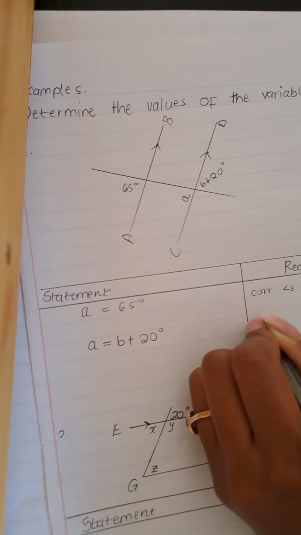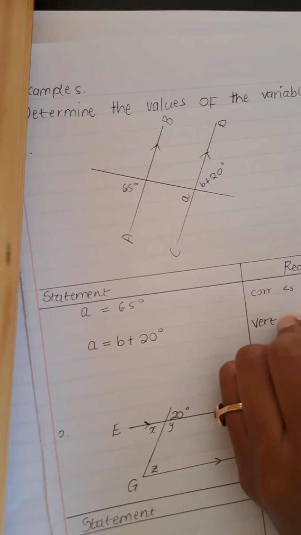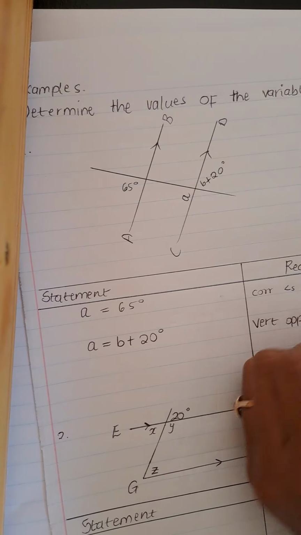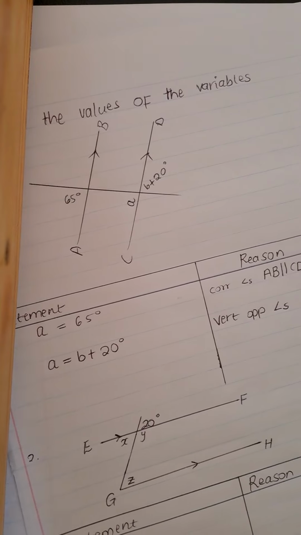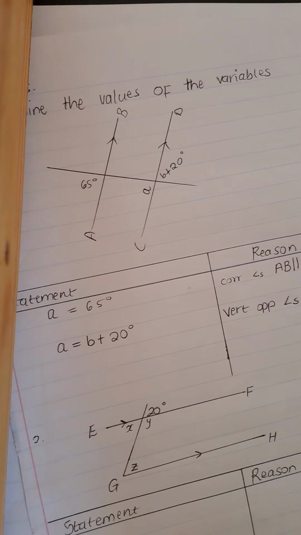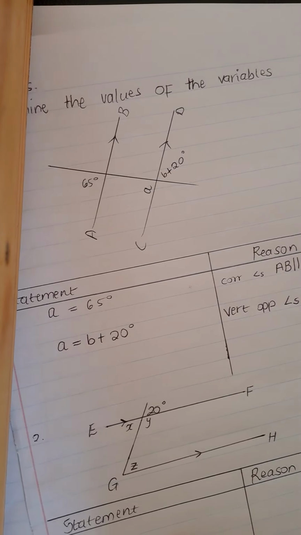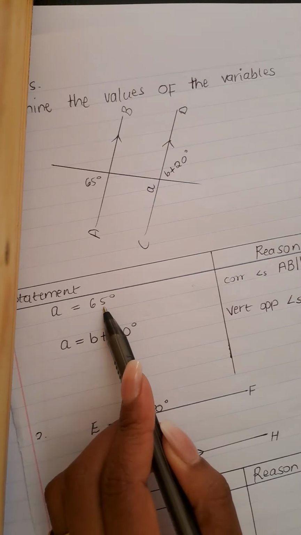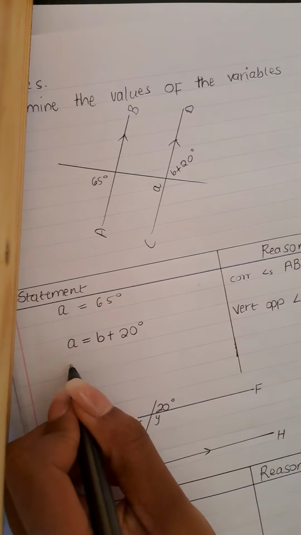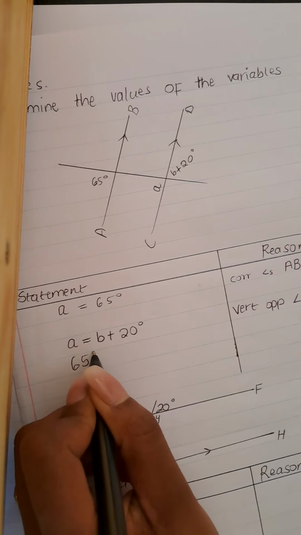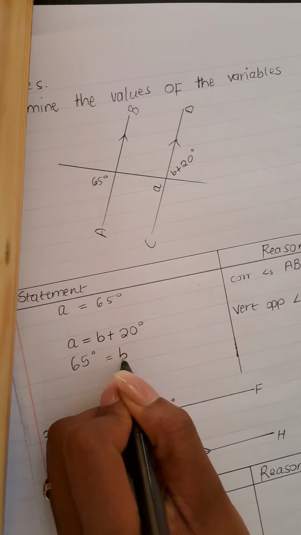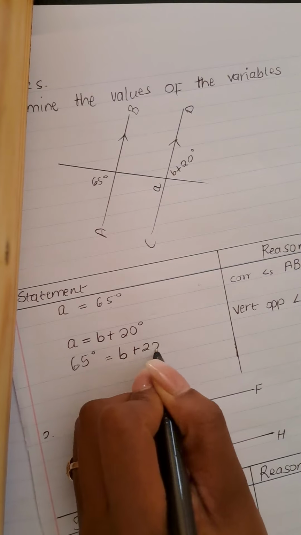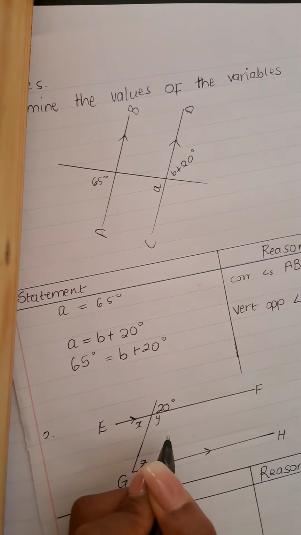We say these are vertically opposite angles. That's our reason. We already calculated the value of A, so whenever we see A, we substitute 65 degrees. You bring down B plus 20 degrees.